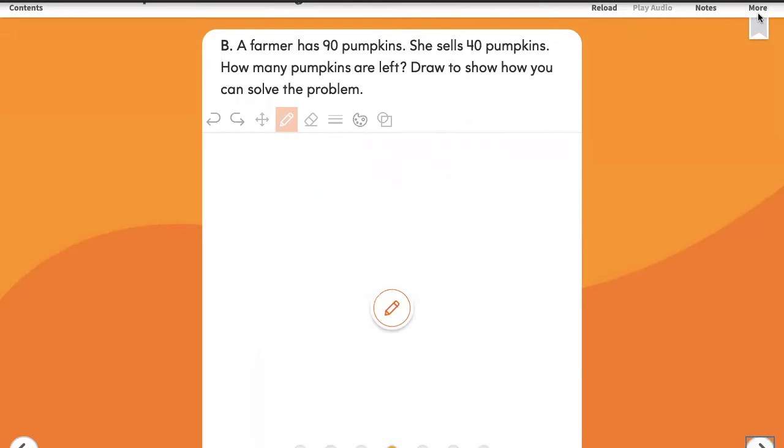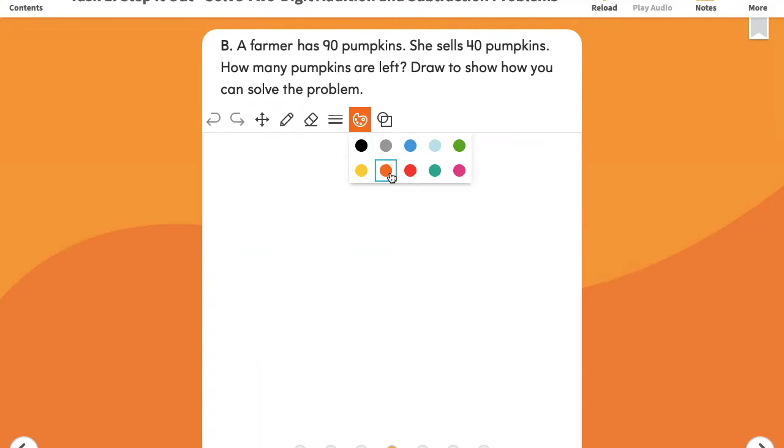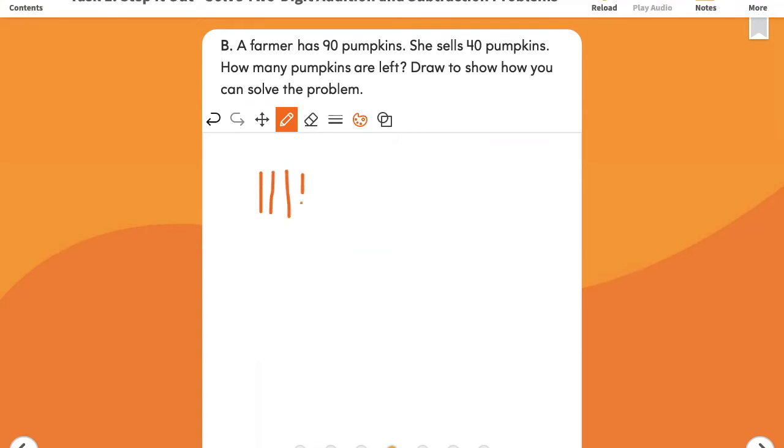Letter B says, draw and write to solve. So let's go ahead and draw to show the problem. We're starting with 90 pumpkins. So let's make these lines orange. 1, 2, 3, 4, 5, 6, 7, 8, 9. 9 groups of 10 equals 90.